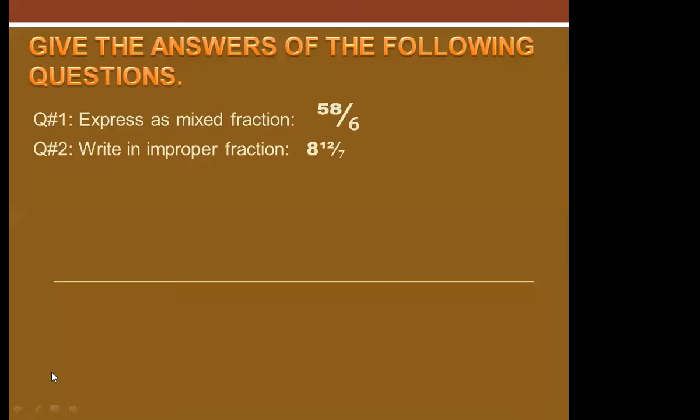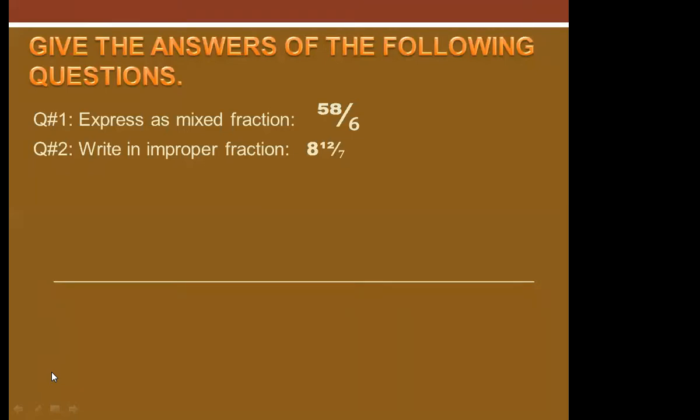No, Hamzan Jum, 44 upon 3 is not the right answer, beta. Beta, simply convert it into improper fraction. Yes, Hamzan Jum, 68 upon 7. Good. Zen Fahim, okay, 68 upon 7, not 68 upon 6. Okay, very good.